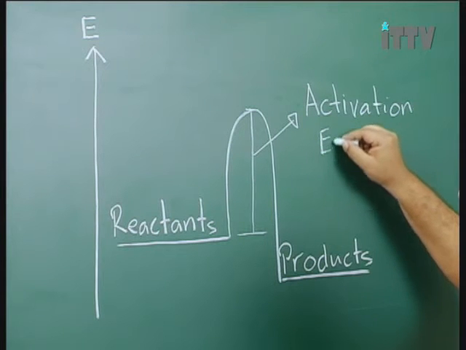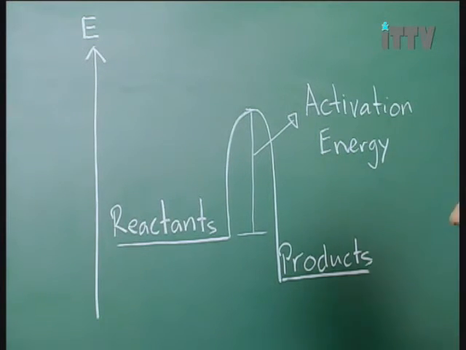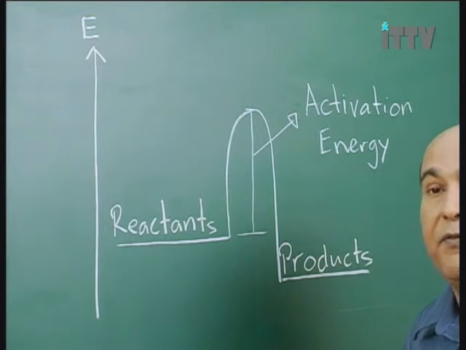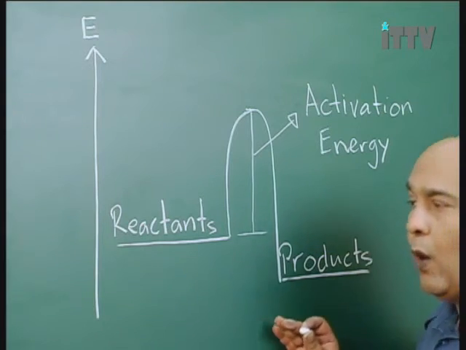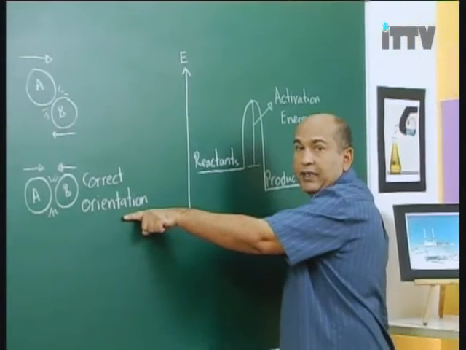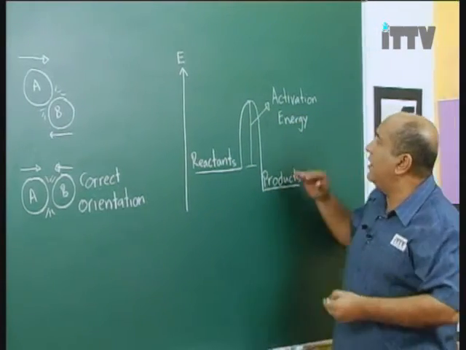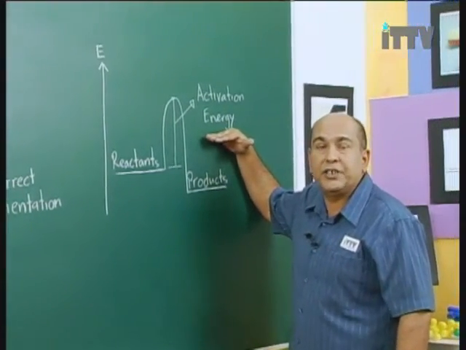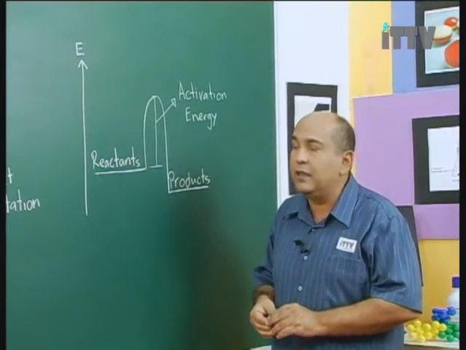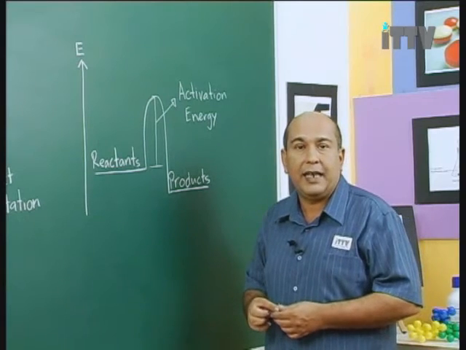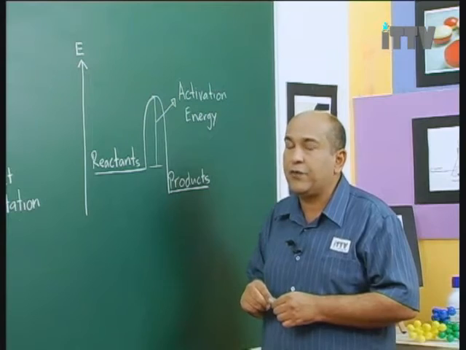activation energy. Now, in order for you to get an effective collision, basically you need two things. One, you must have the correct orientation, and two, you must have enough activation energy, which is the minimum amount of energy that the particles, in this case particles A and B, must have so that they create an effective collision.